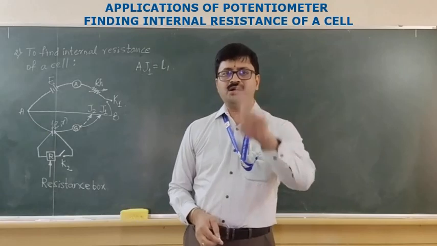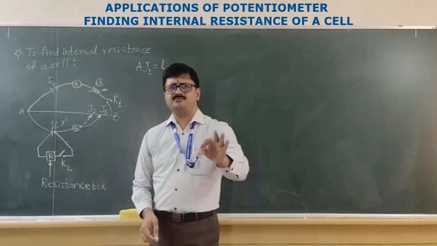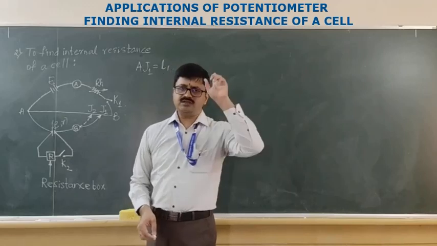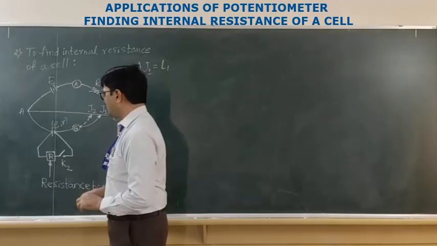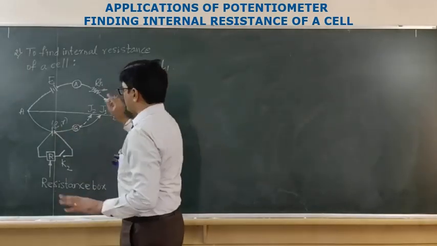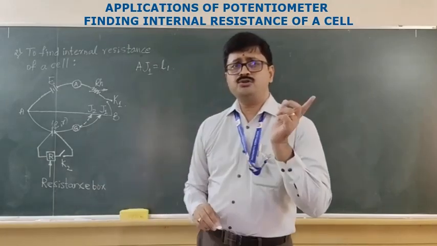Fine. As I am mentioning to you, this cell is not delivering current to the circuit. If the cell is not delivering current to the circuit, then its potential difference must be the EMF. That we have learned during the theory on cells. So, accordingly, the potentiometer principle says that potential difference is directly proportional to length.